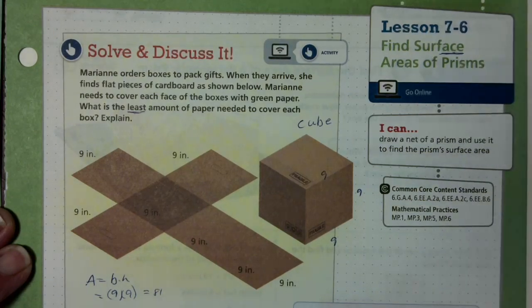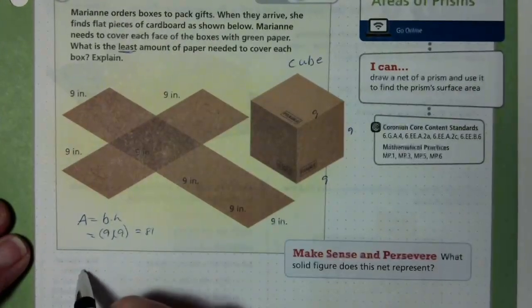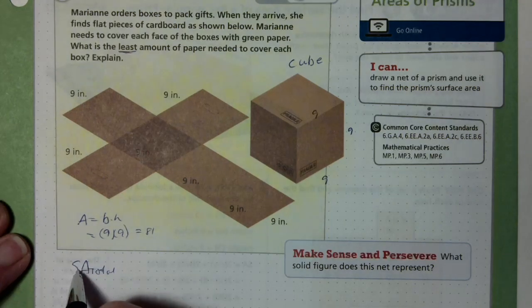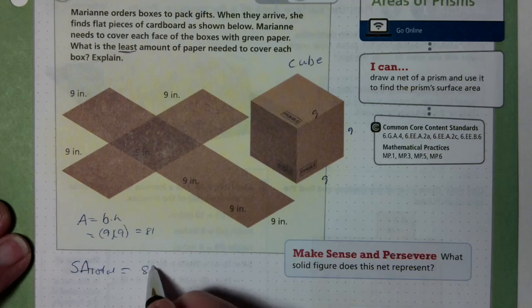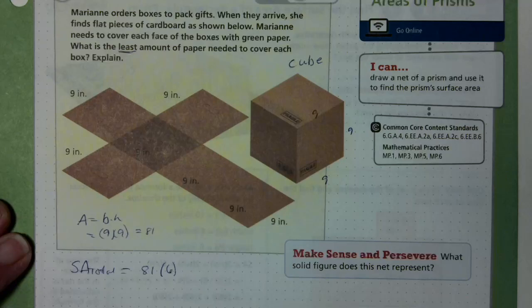And so, if I want to know the total area, move this up a little bit. The total surface area, and I'm going to call it SA for surface area, is going to be 81 times 6. So you go to your calculator and tell me what 81 times 6 is. 486, and that would be inches squared.